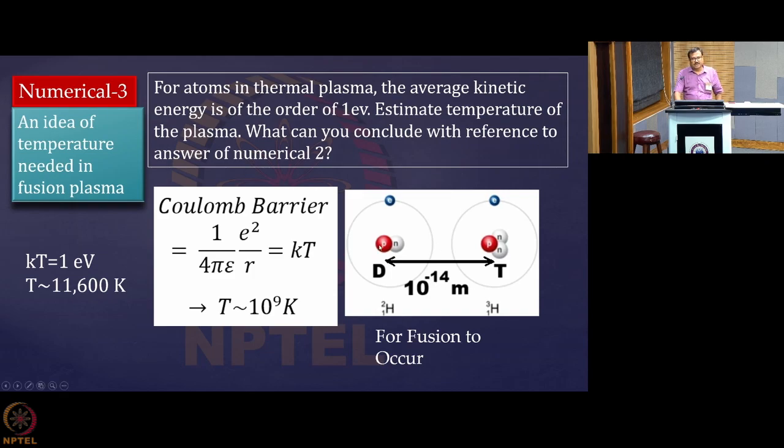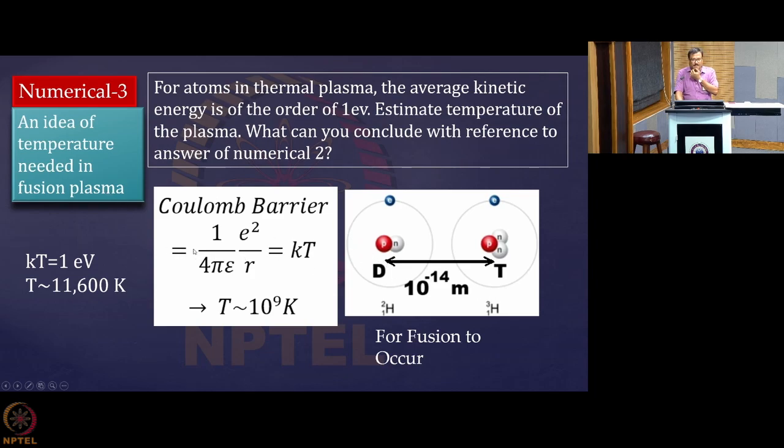D and T both have only one electron, and you need to bring them close enough so that they fall in the nuclear range. That is this 10 to the minus 14 meter, the femtometer scale. When you put them in this nuclear interaction range, then they fuse together.